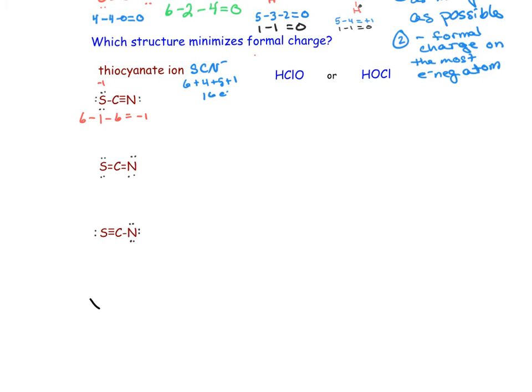Then we'll move to carbon, 4 minus 4 bonds. Then we'll take a look at nitrogen, 5 minus 3 bonds minus 2 unbonded electrons is also 0. So pause the video and find the formal charge for S, C, and N for the other two possibilities.